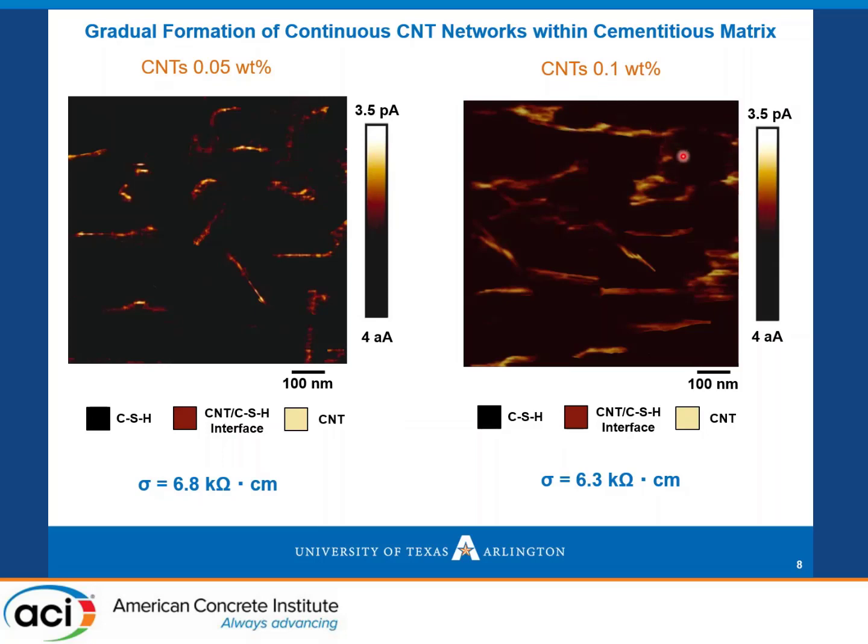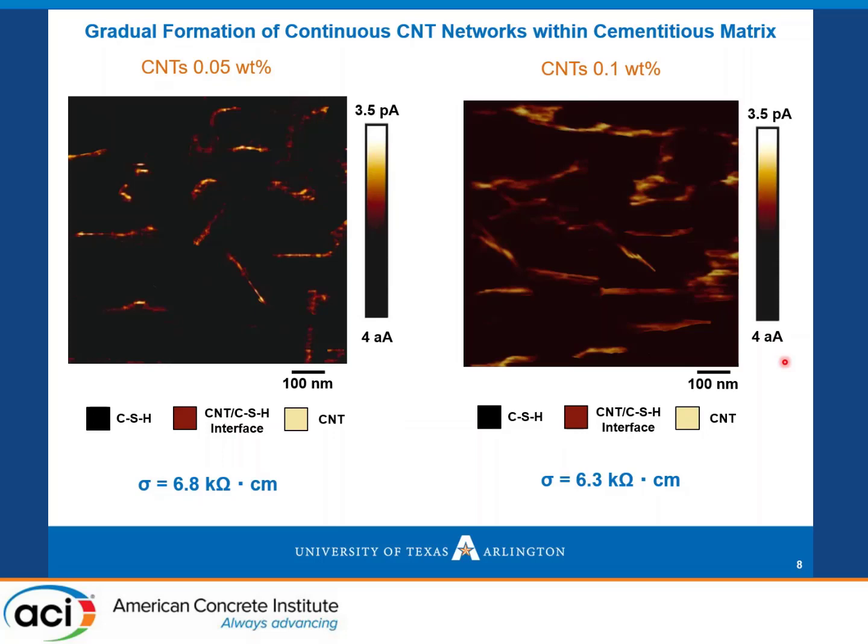And here, again, the light color reflects the current on the surface of nanotubes, while the black background is the current of the insulating CSH products. So here, we see the same range, and this is expected because we are talking about the same material, the same CSH, the same nanotube, all right?